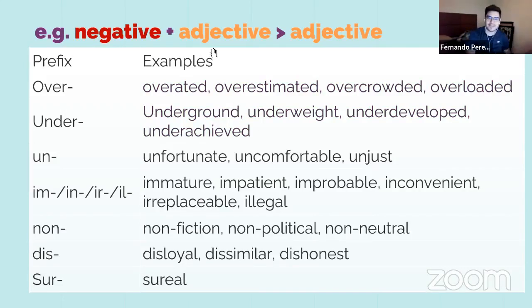So you have prefixes like over, under, un, in, il, non, dis, and ir, which are negative prefixes that help you transform adjectives into negatives, right? These are very relevant when translating because the translation sometimes is not the same. For example, look at the word unfortunate. How do you say unfortunate in Spanish?